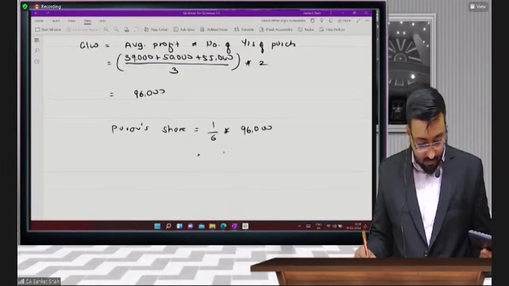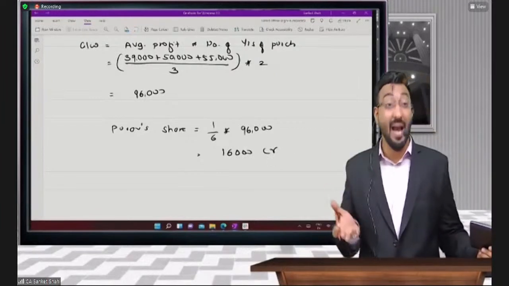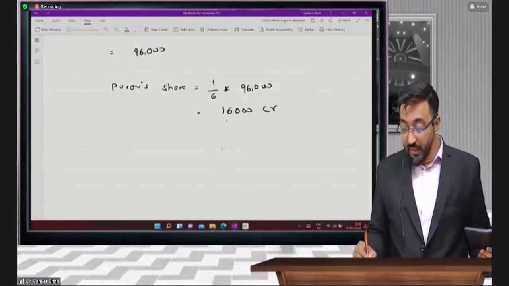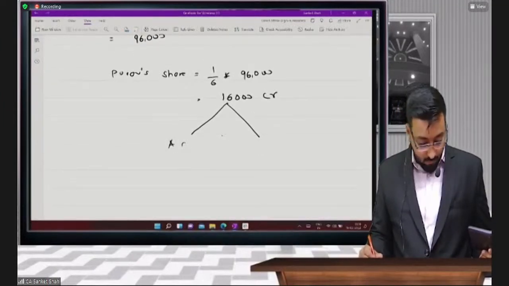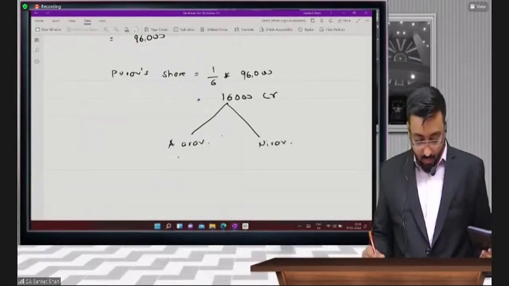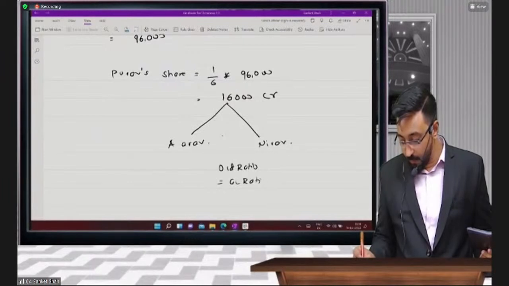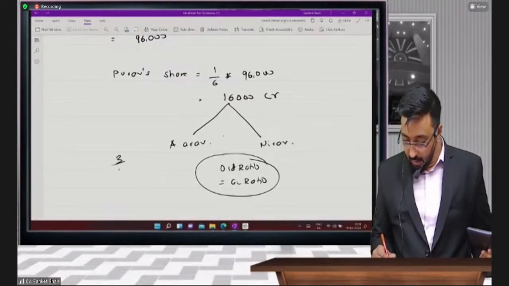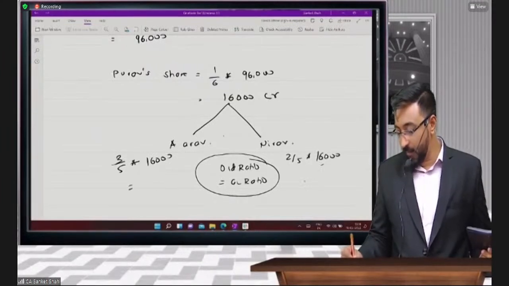So what it is? 16,000. And here he is credited because he is retiring. So he is losing his share. And who is gaining? Arav and Nirav in their old ratio. So old ratio is equal to gaining losing ratio. So what are 3 by 5 into 16,000 and 2 by 5 into 16,000.